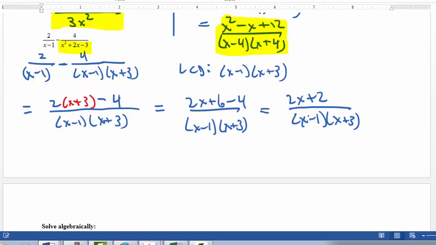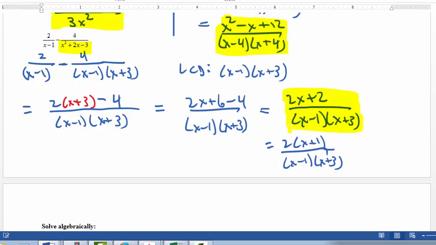So can you factor the numerator? Yes, you can. You can write it as 2 times x plus 1 over x minus 1 times x plus 3. But x plus 1 and x minus 1 aren't going to cancel, so nothing happens here. So really, you could have just left it in this form here, right?